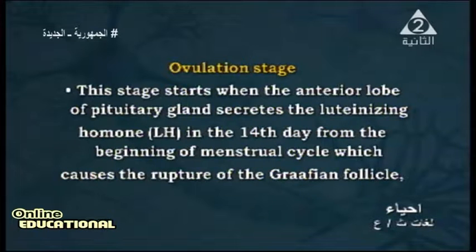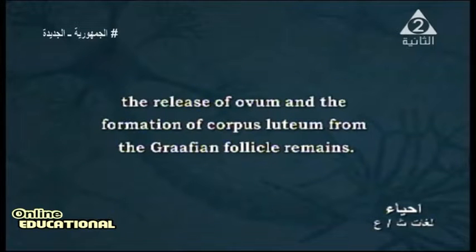After that, on the 14th day from the beginning of the menstrual cycle, the LH hormone secreted by the pituitary gland causes the rupture of the Graafian follicle. When the Graafian follicle ruptures, the ovum is released, and the corpus luteum forms from the remains of the Graafian follicle.